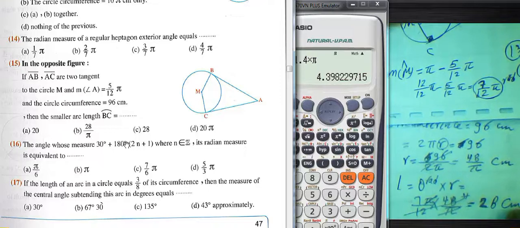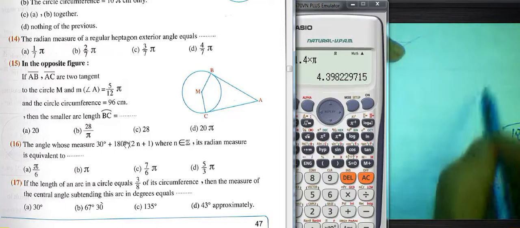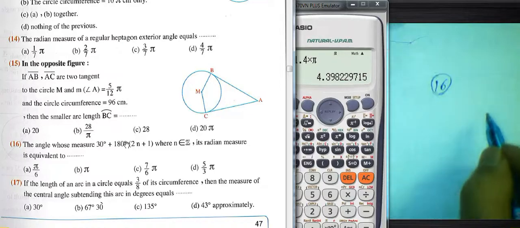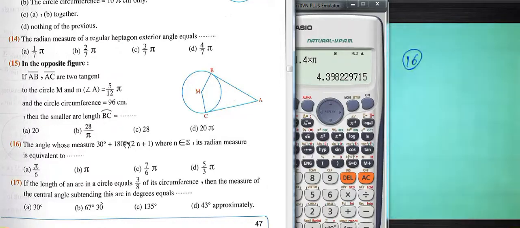Question number 16. The angle whose measure is 30 degrees plus 180 multiplied by 2n plus 1, where n belongs to Z, its radian measure is equivalent to what?